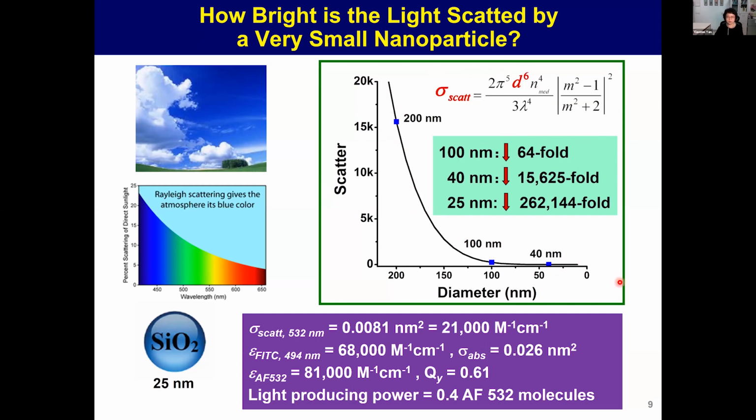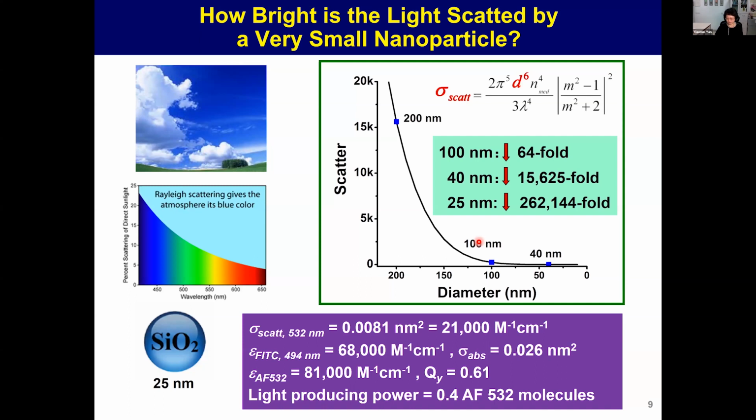We also did a theoretical calculation. The light producing power of a single 25 nanometer silicon nanoparticle actually is even smaller than a single Alexa Fluor 532 fluorescent molecule.